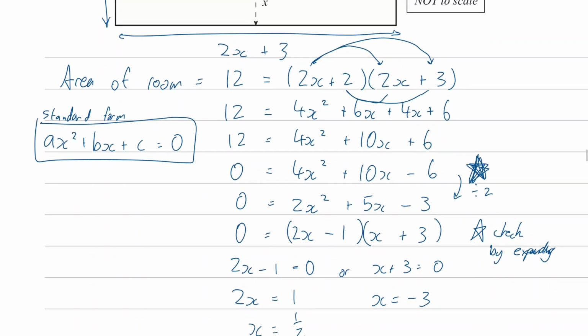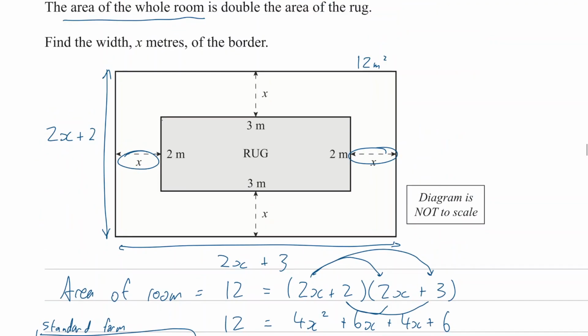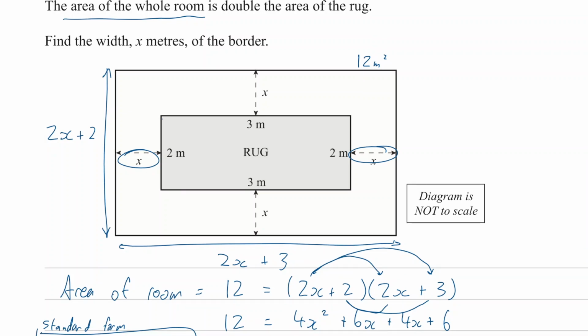So are we done? Have we found x? Let's have a think in the context of the problem. Would it make sense for this border width to be 1/2, like 0.5 meters, all the way around? Yeah, I think so. So the total width of the room is 3 meters. That looks right. Would it make sense for the border width to be negative 3 meters?